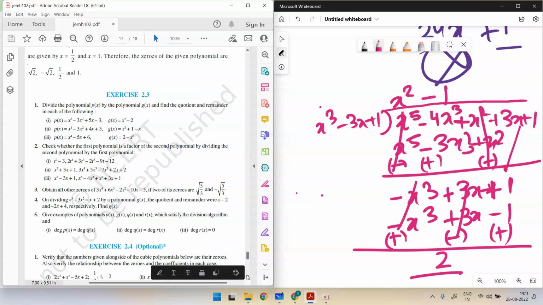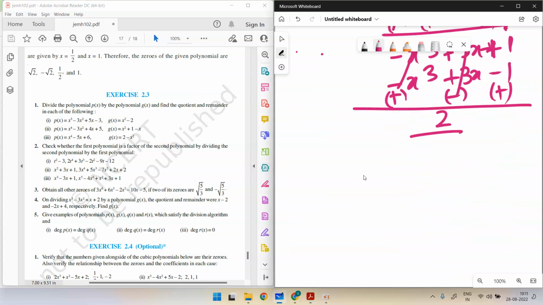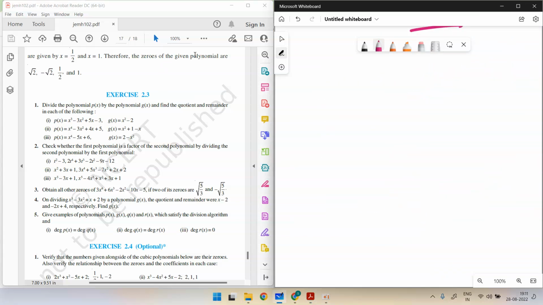Now obtain all the zeros of this, if two of the zeros are this and this. So nothing to worry. If two zeros are a and b, then x minus a and x minus b are factors. If you multiply the two, you get a polynomial which you need to divide by, to get the other zeros.